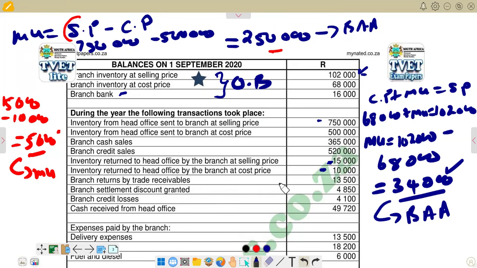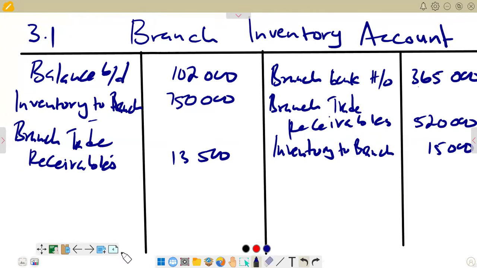So we are going to go to the profit and loss account and debit it with 4,850. Remember in the profit and loss account, we debit all expenses, then we credit all income. So this one is an expense now. We are going to the debit side of the profit and loss account and enter it as branch settlement discount granted. So we can go there and look for the branch profit or loss.